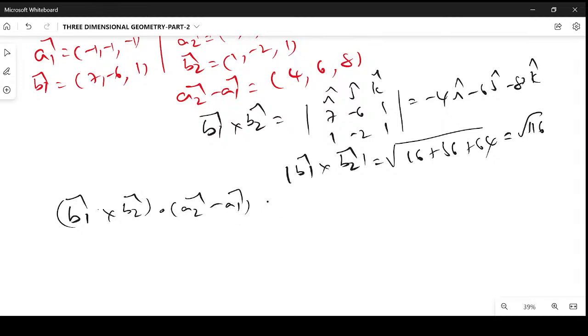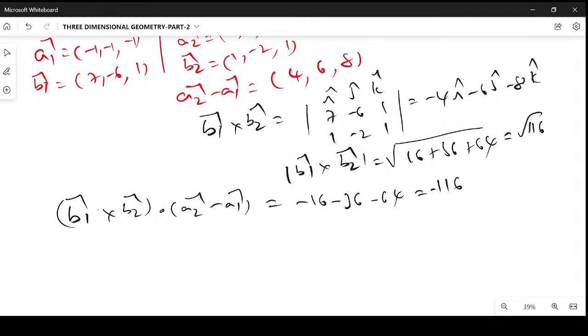Using the dot product, we get minus 16, minus 36 and minus 64, which again comes to 116 in magnitude. It comes to 116 only.